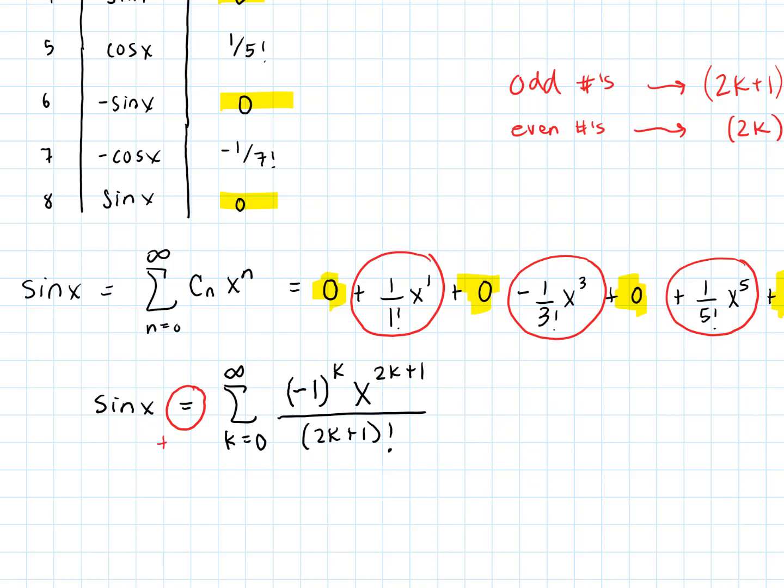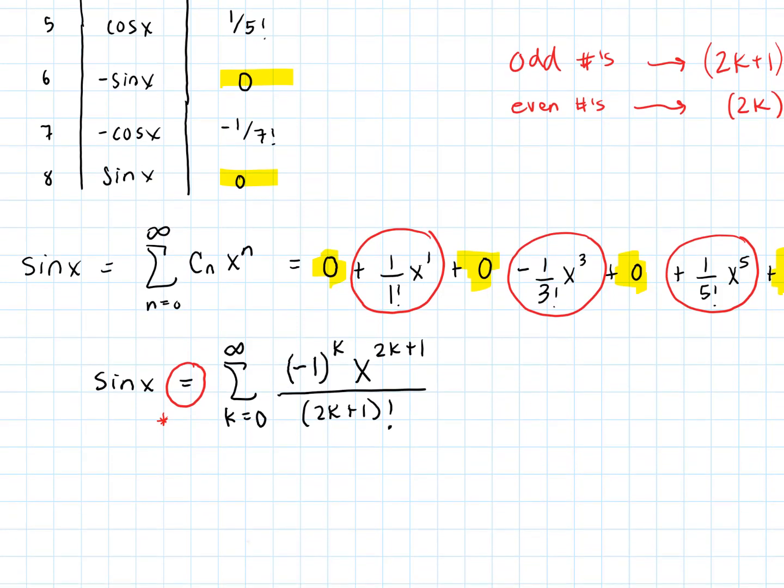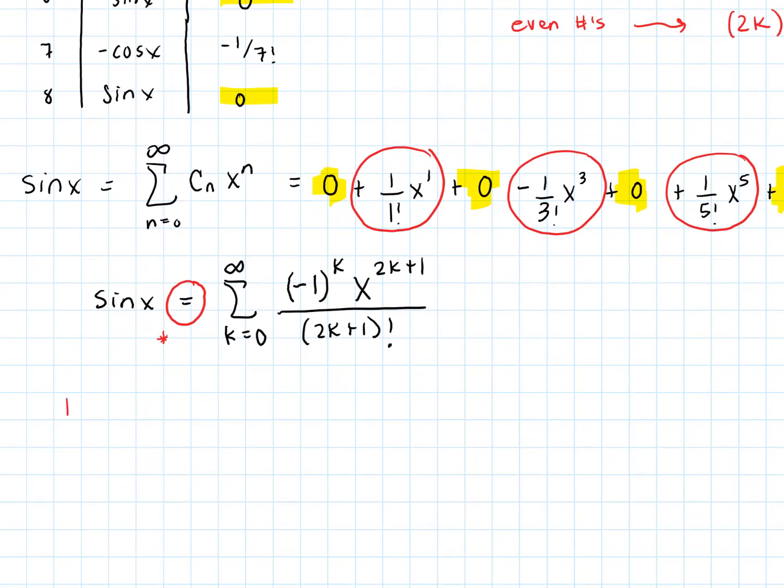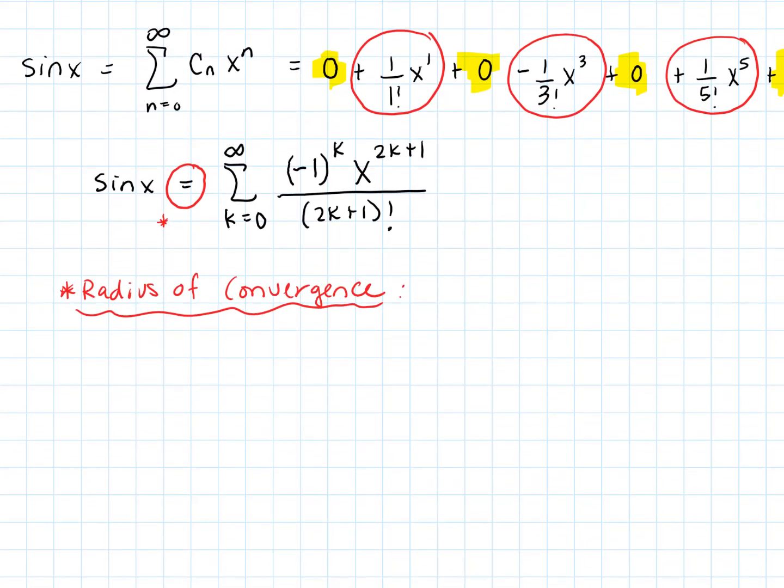But now we've got to figure out, well, when would this be actually equal to the sine of x? So when is this power series, on what interval and radius of convergence, is this power series actually equal to sine of x? And so let's go ahead and finish off this example by finding the radius of convergence. So to find the radius of convergence, we're going to take the limit.